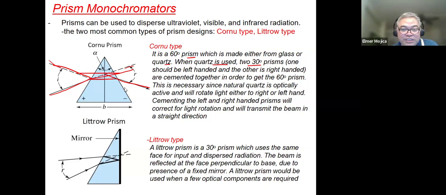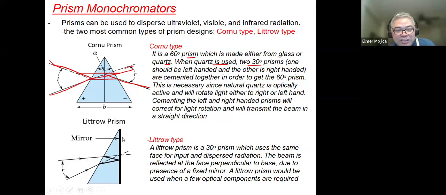So based on this Cornu prism, the tendency that you have there is this difference of light rotation and transmission of the light beam.